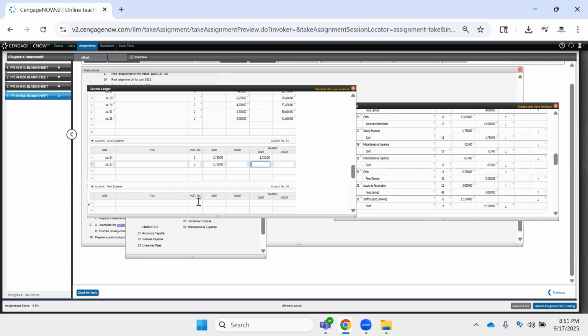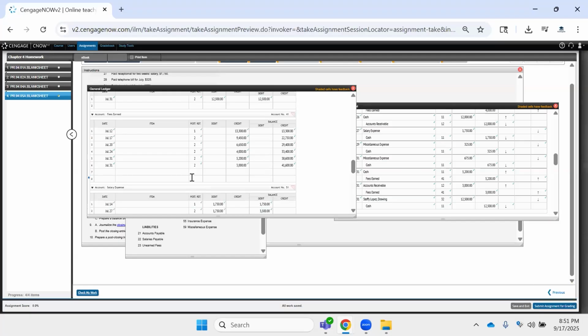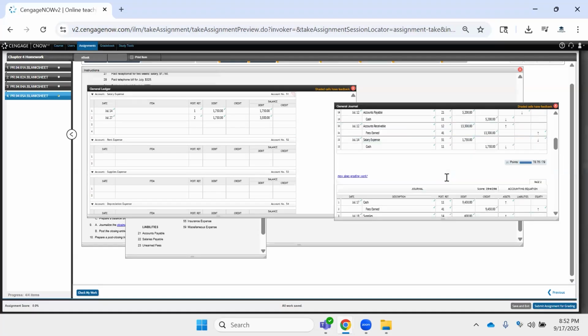Payday was 1750 once again, bringing our total to 3,500. And then we have our rent expense. Oh, and we have to make sure to add our posting ref 51 to our salary expenses.